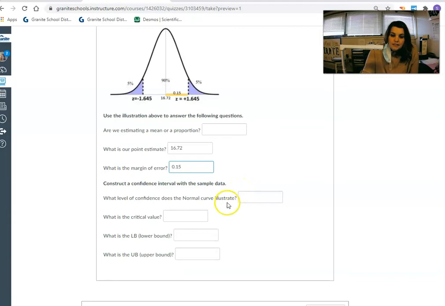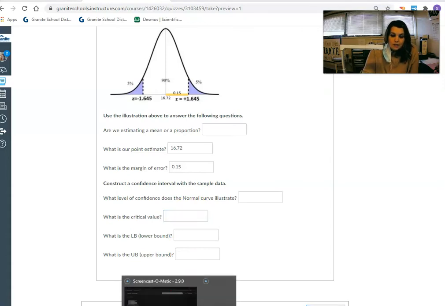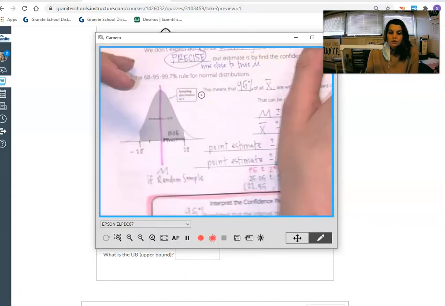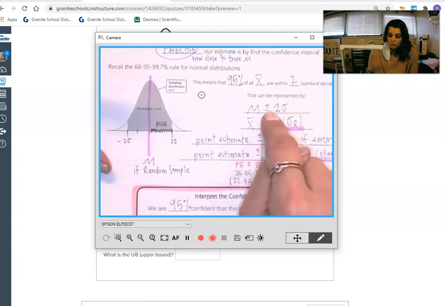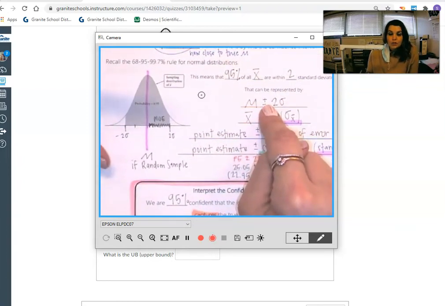Construct a confidence interval with the sample data. So this one asks, what is your level of confidence? I think you should be able to figure that out from our notes. What is the critical value? Now this is the one that I think you guys are the most interested in. So if I refer back to my notes, the critical value in this sample or this example was 2.